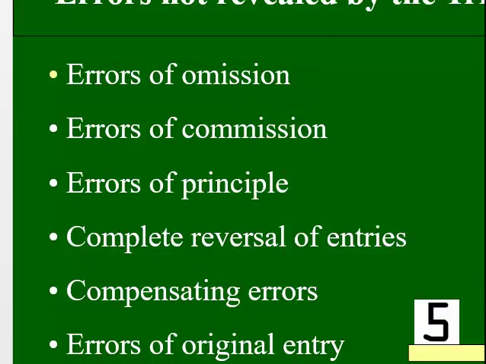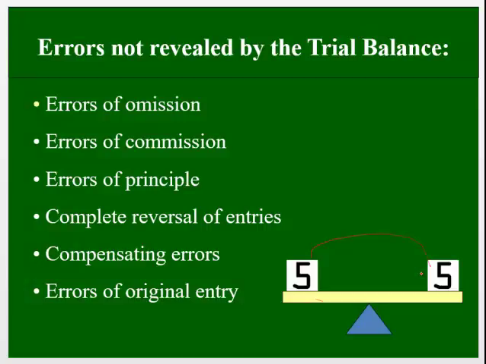Trial balance still remains equal. There's no problem. So error of commission, error of principle, reversal of entry, compensating error, then error of original entry. Please, all these errors do not reveal any problem in the trial balance.